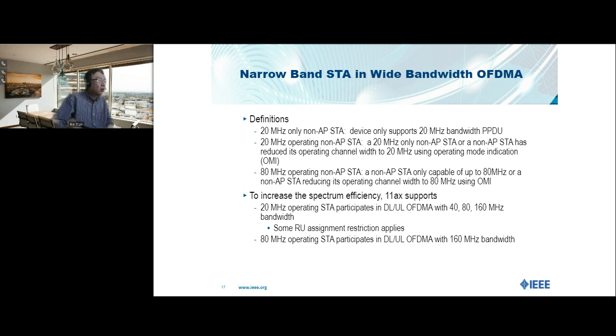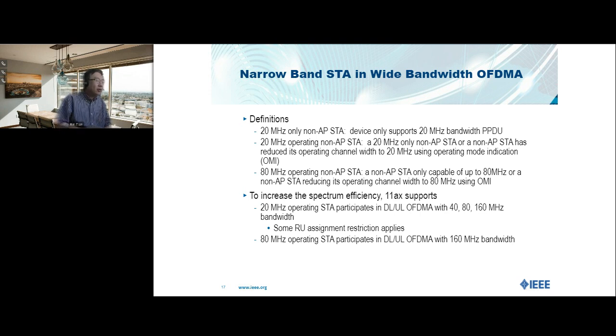So in other words, 20 megahertz operating devices describes devices that currently can only operate with a 20 megahertz bandwidth, either due to hardware limitation or due to optimization for power or other factors. Okay. Similarly, we also defined 80 megahertz operating devices. Just like the 20 megahertz operating devices, such devices are either capable of up to 80 megahertz or choose the operation bandwidth of 80 megahertz. Okay.